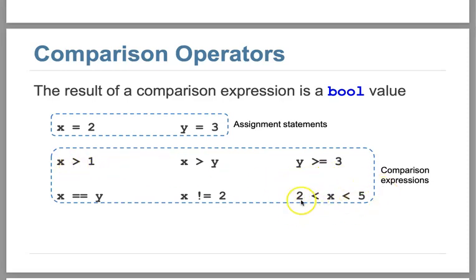But sometimes, especially in Python, we are allowed to write more complicated combined comparison expressions. You can see here we check, is x greater than 2? This one checks whether x is between 2 and 5 or not. Here x is not greater than 2, x equals 2, so we will return false.